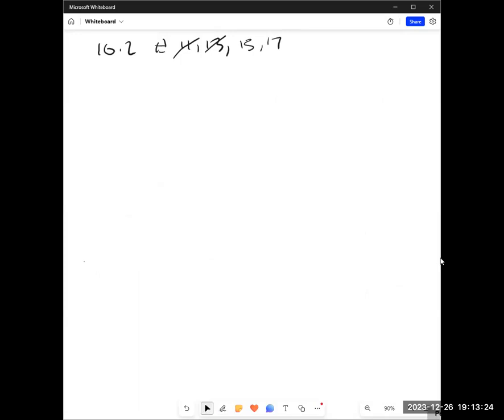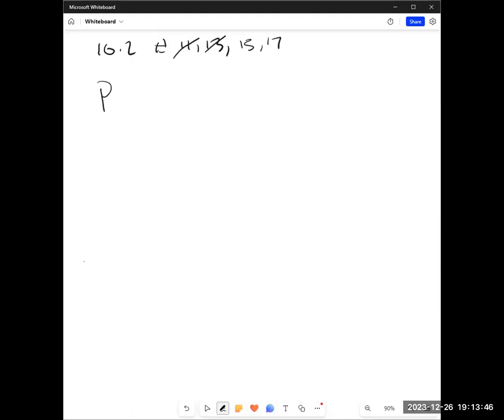All right, let's look at the next problem here. Determine the simple interest. Again, the rate is annual unless stated otherwise, and assume 360 days in a year.